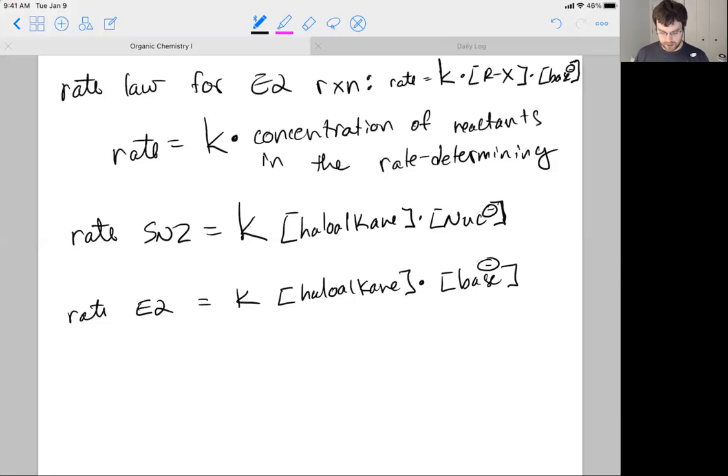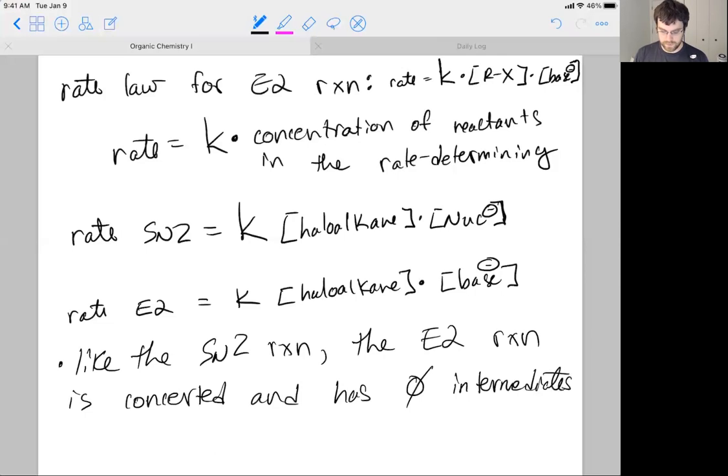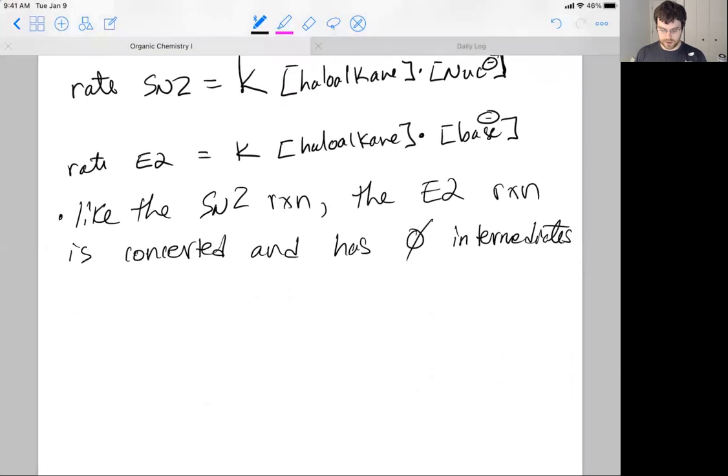There probably aren't any intermediates. So like the SN2 reaction, the E2 reaction is concerted and has 0 intermediates. And what that means is we can consider the energy diagram.